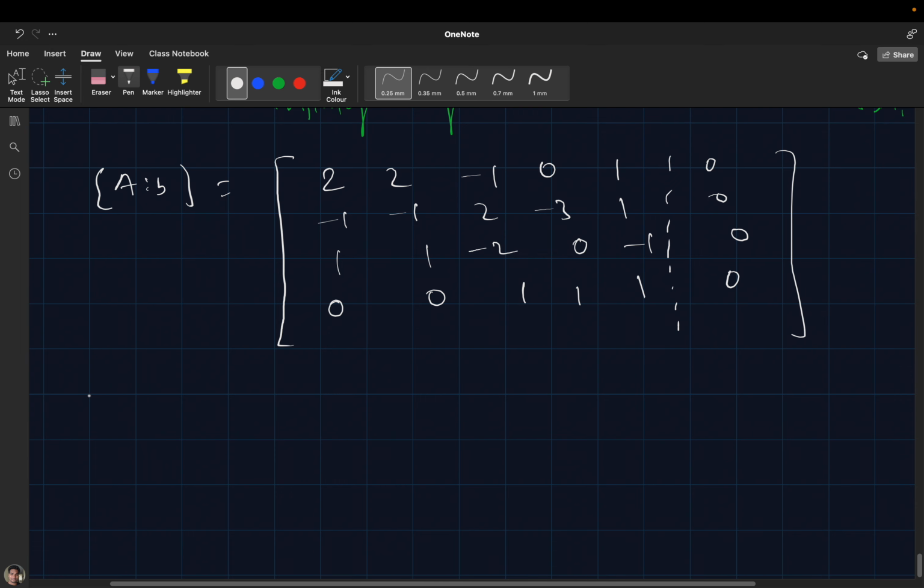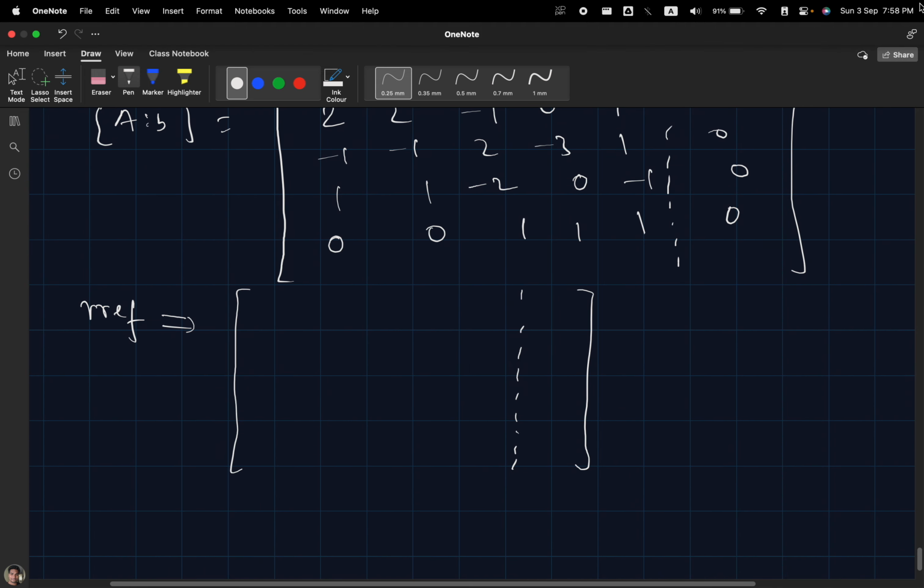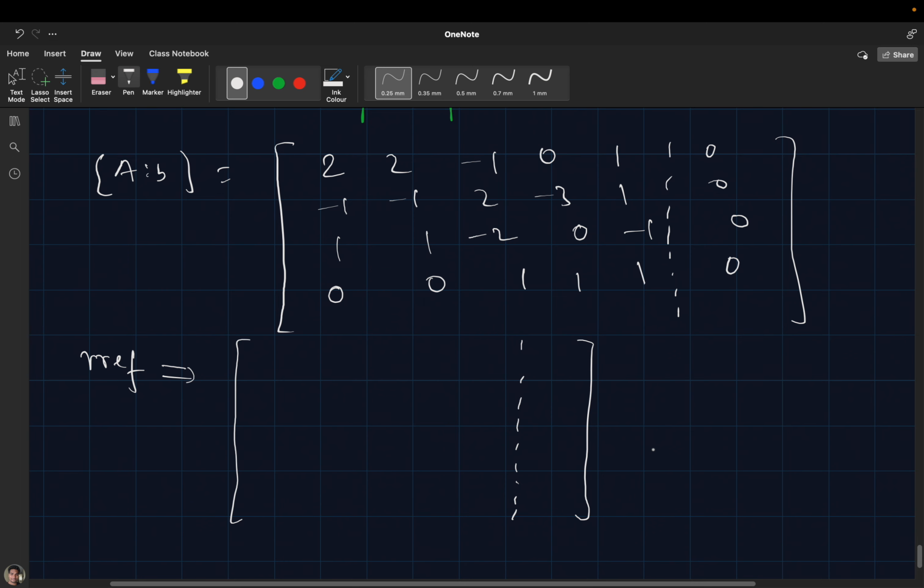Can someone convert it into row reduced echelon form? I will give you 1 minute. Just convert this into the row reduced echelon form. Quickly.